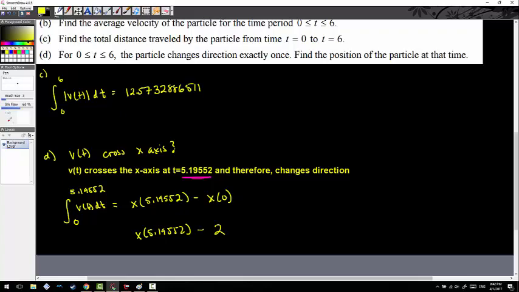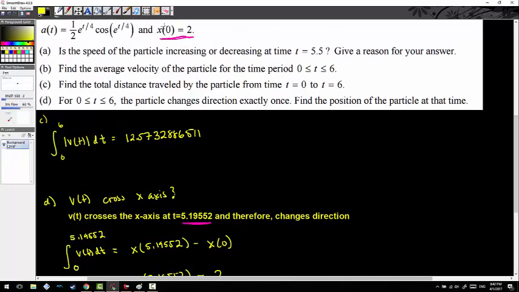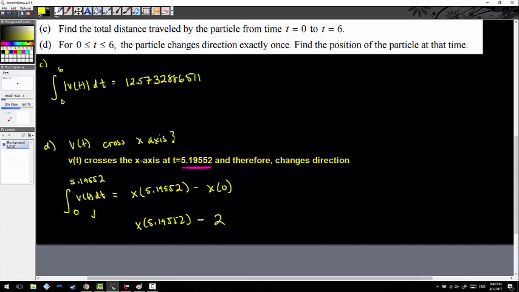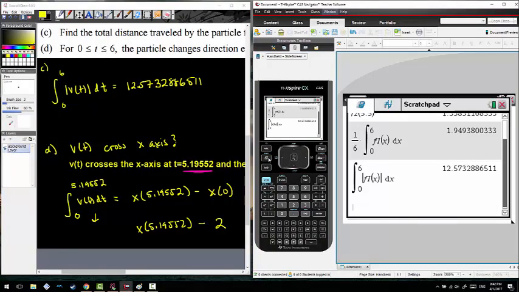Well, again, where did 2 come from? Well, 2 came from this fact right here, that x of 0 equals 2, right? So I can just make the substitution. From here, I just have to figure out what this is. Well, how do I do that? It's a good thing I have a calculator for that. So let's go ahead and just punch that into our cool calculator. I'm going to hit the calculator that's running away from somebody.